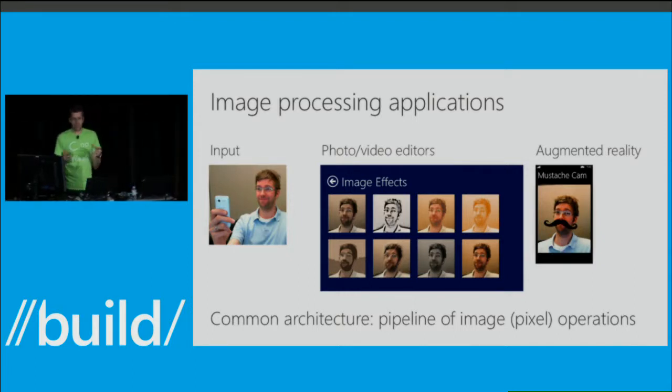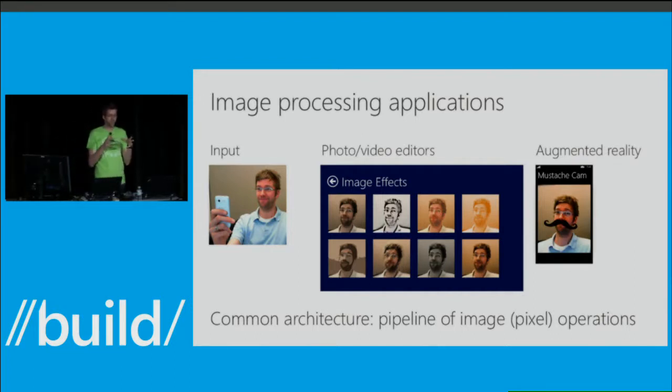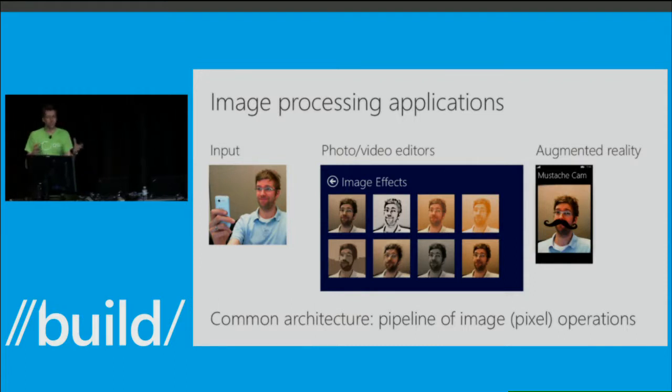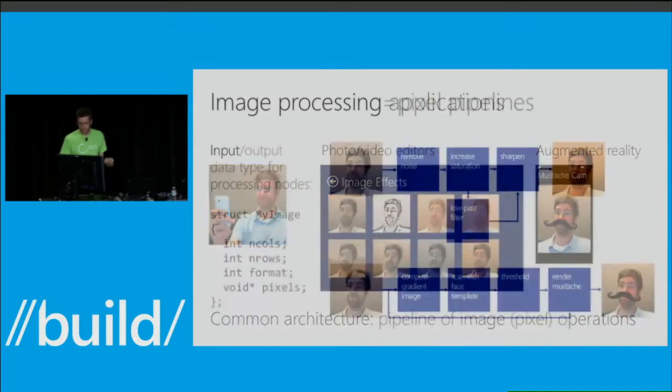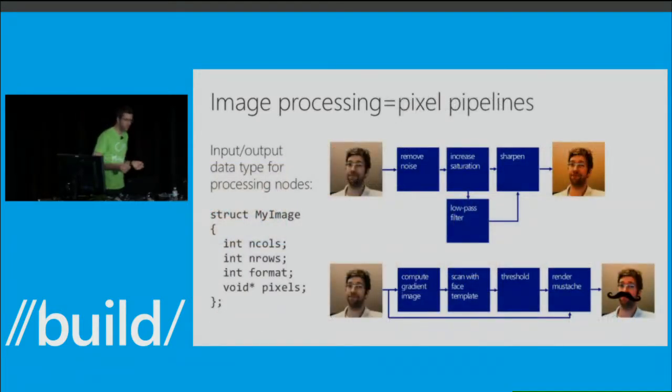And so the common architecture that underlies all of these applications is you have some sort of an image processing pipeline. It starts with your input image, and then the input image undergoes a couple of transformations, and in the end you end up with whatever result you need. And so here's two examples of what these pipelines may look like. So at the top, this would be for the image effect in your image editor.